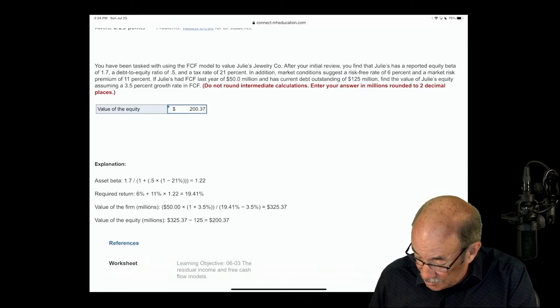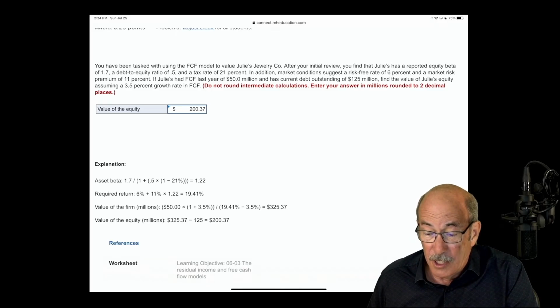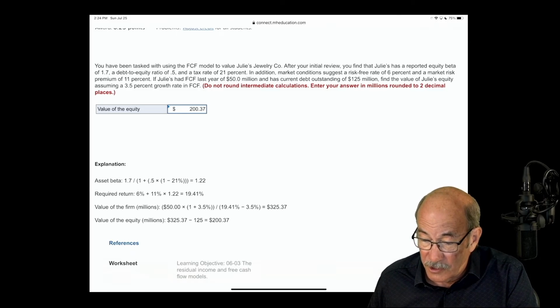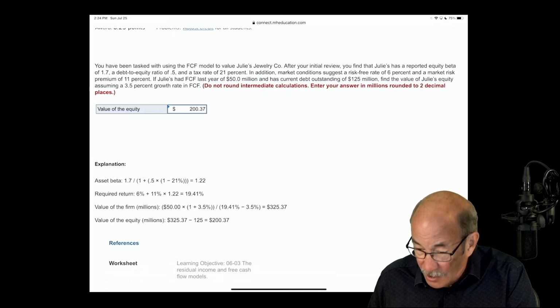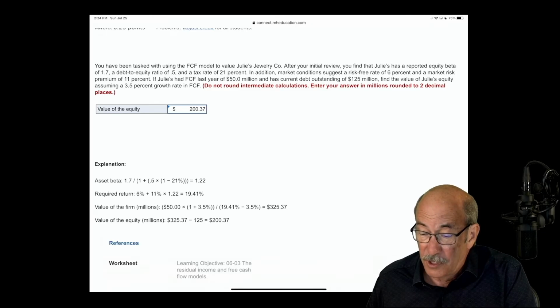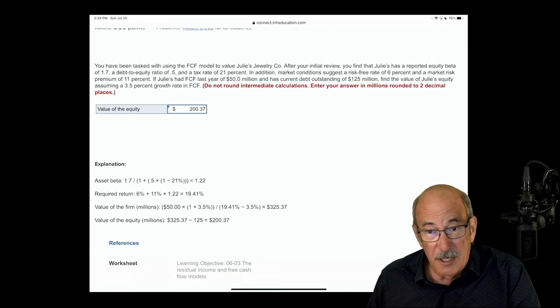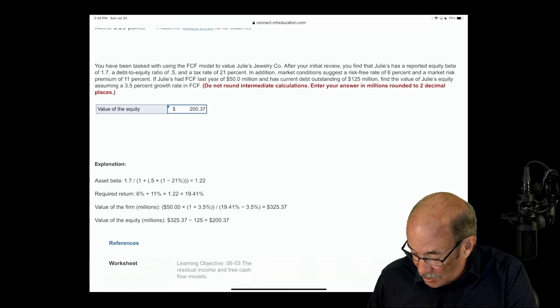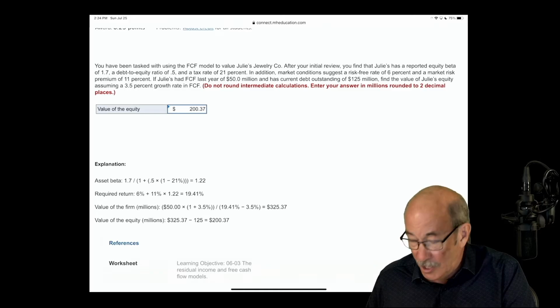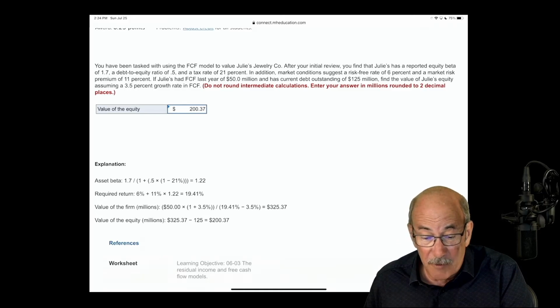We have a tax rate of 21%, so 0.21. Market conditions suggest a risk-free rate of 6%, 0.06, and a market risk premium, so R sub M minus R sub F, of 11%, so 0.11.